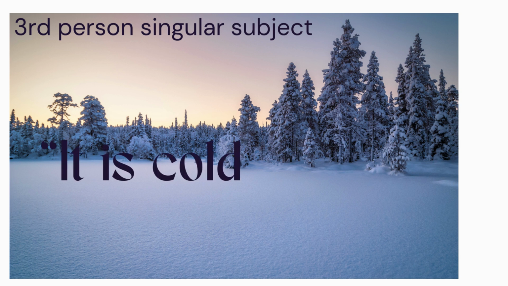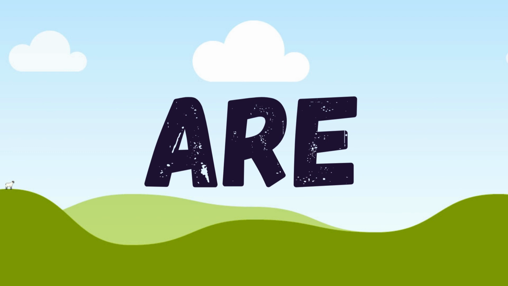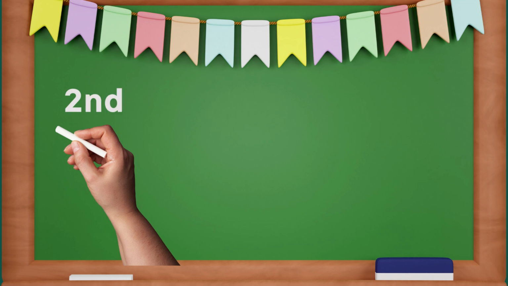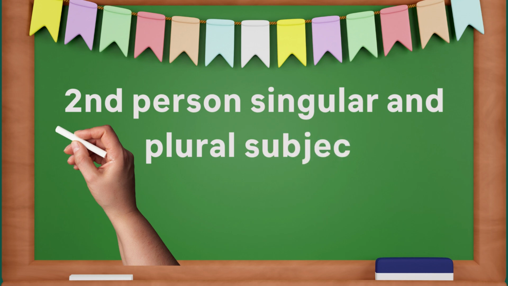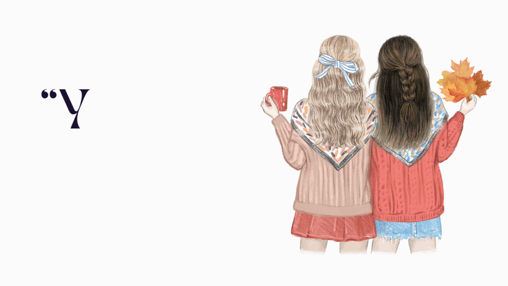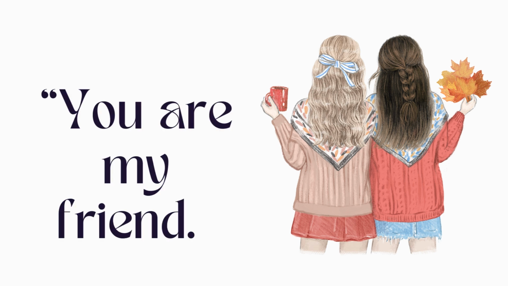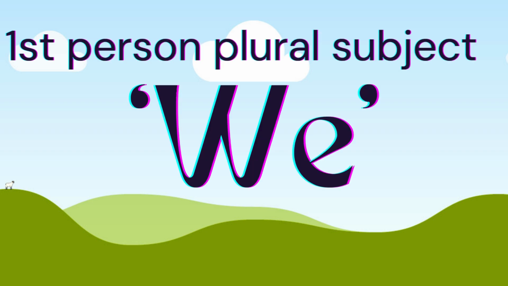And the last of them is are, which is used with the second person singular and plural subjects. You are my friend. Are is also used with the first person plural subjects, we.